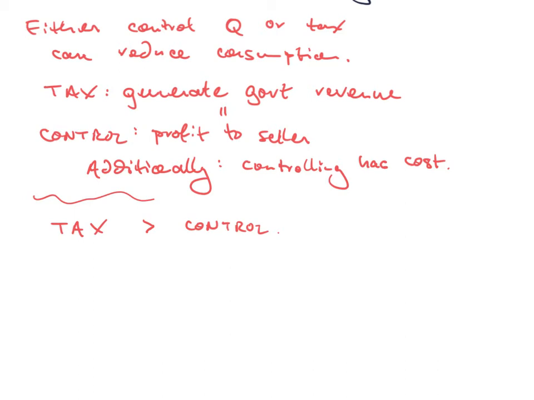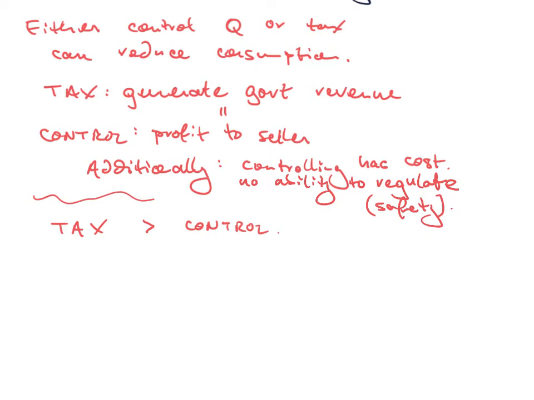In fact, I should have brought that up. An additional thing is no ability to regulate. For example, safety. When there's a prohibition on consuming something, the government can't regulate the safety of it.